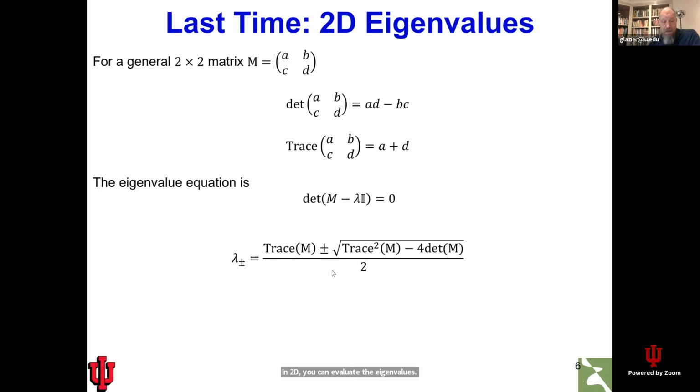Analytically, it's just the quadratic formula. Lambda plus minus is the trace of m, plus or minus the square root of trace squared minus 4 times the determinant, divided by 2. Notice that trace squared could be less than 4 times the determinant, in which case you'd have a complex result rather than a real result.